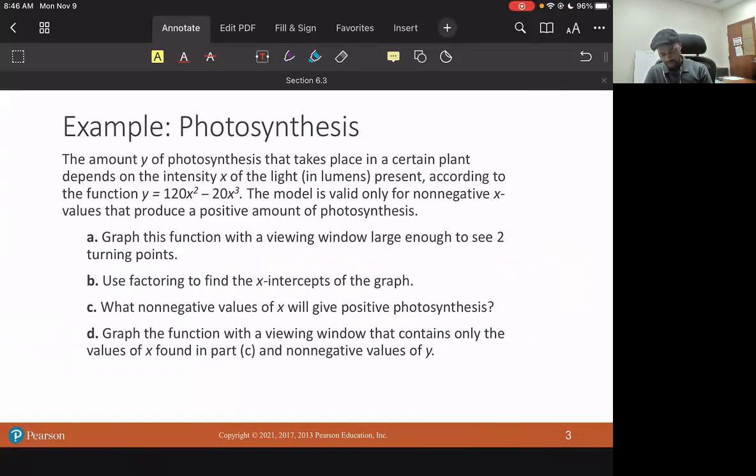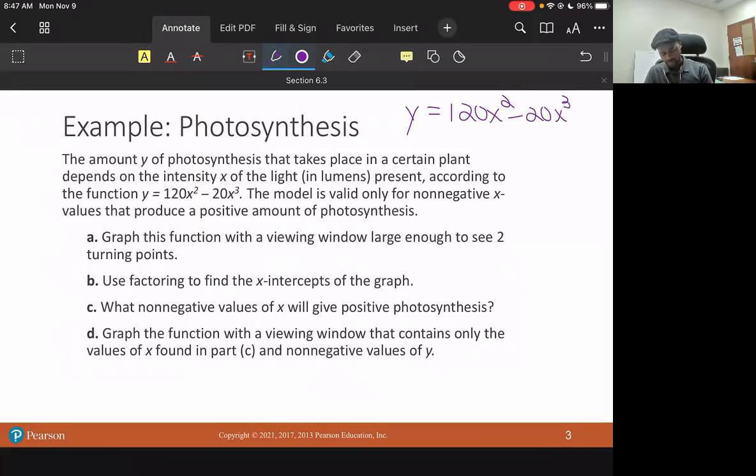We're going to take that function, y equals 120x squared minus 20x cubed. We're going to factor out a common factor here, 20x squared, and we're going to be left with 6 minus x equals y. That's factored form.